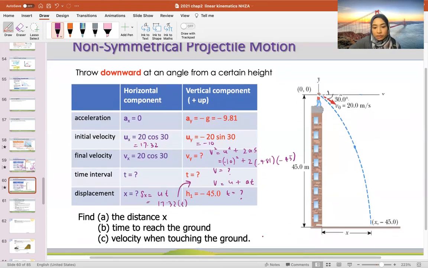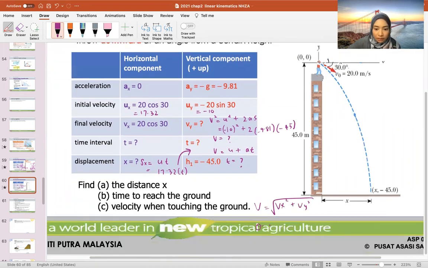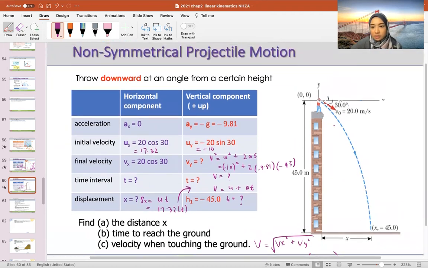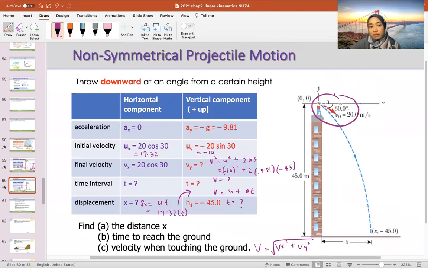So sama je, V pun sama, V equals the square root of Vx squared plus Vy squared. Theta pun sama. Theta is inverse tangent Vy over Vx. Okay, perbezaan kat sini is just that it was very important for you to know that the Uy was going down. The negative sign was not given to you.